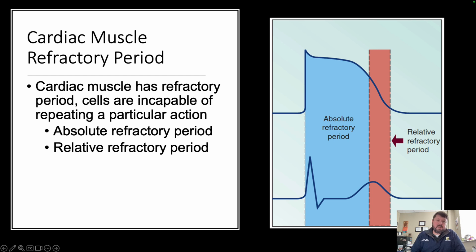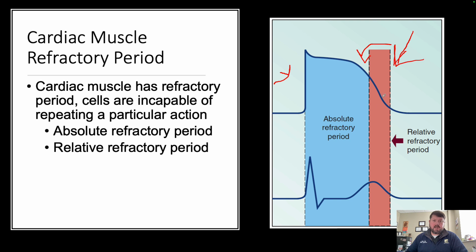It consists of two phases, as I mentioned. The first half represents the absolute refractory period, a period of time from phase 0 to the middle of phase 3, in which the ventricles have not sufficiently repolarized to enable another depolarization. The second half represents the relative refractory period, so we're finishing up the repolarization.